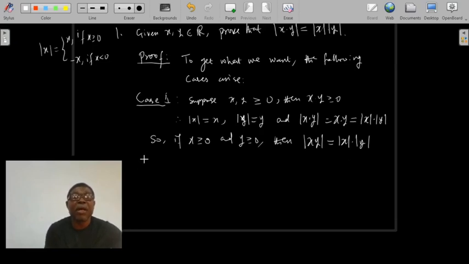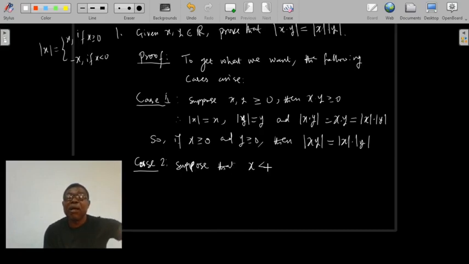Now we consider case 2. Here we assume that x is less than 0 and y is greater or equal to 0.